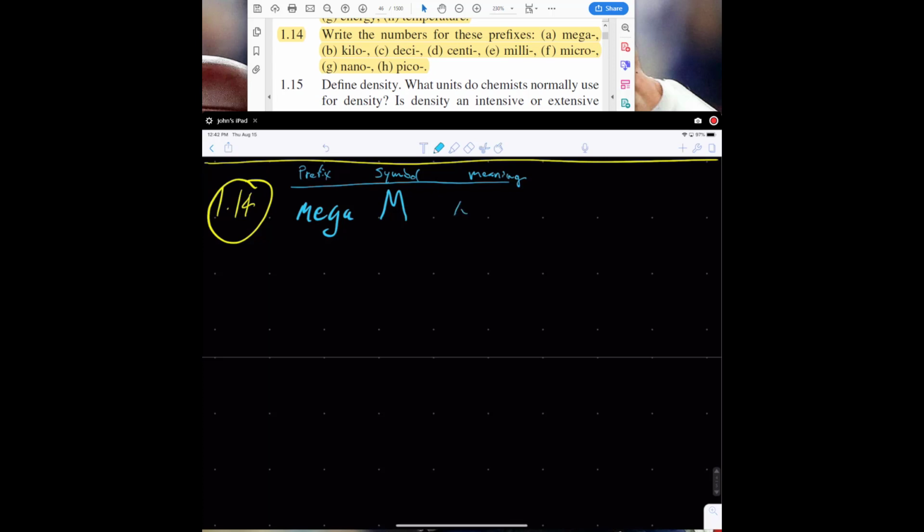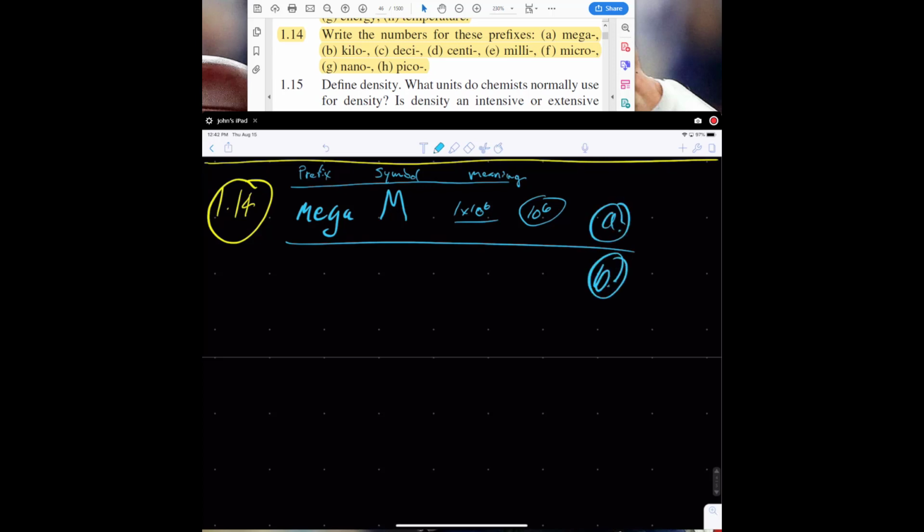Instead of writing it like this, 1 times 10 to the 6th, even though this is correct, the answer that they want us to give is just this, 10 to the 6th, which is still the same as that. Okay? So, this was A.